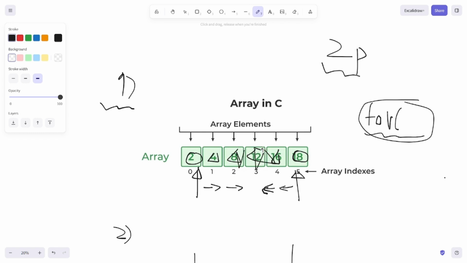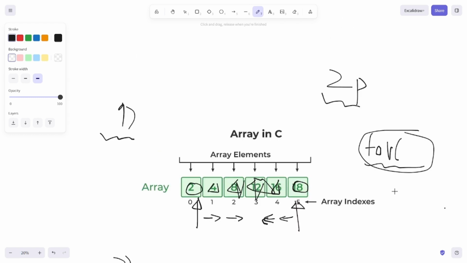So we're going to look at 2, 18, 4, 16, 8, 12, something like this. The main idea and the main theory is we're going to look at two values instead of one. That's the main theory, right?